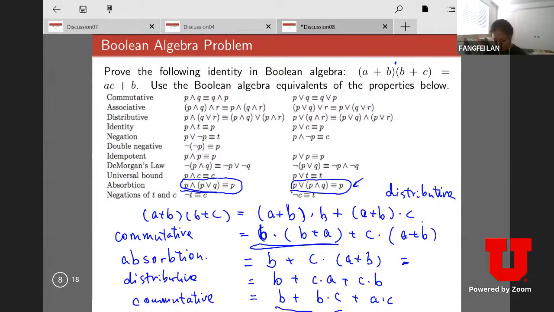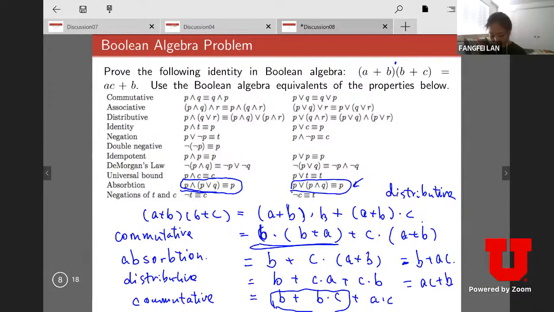So B, this right here, would become B plus AC. And then you can do a commutative to say this is equal to AC plus B. Does that make sense?